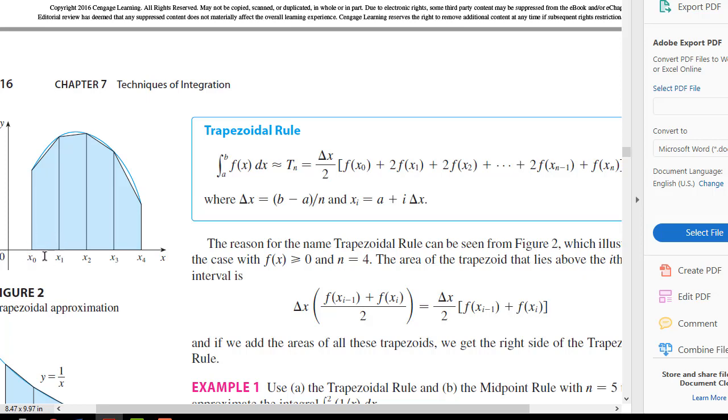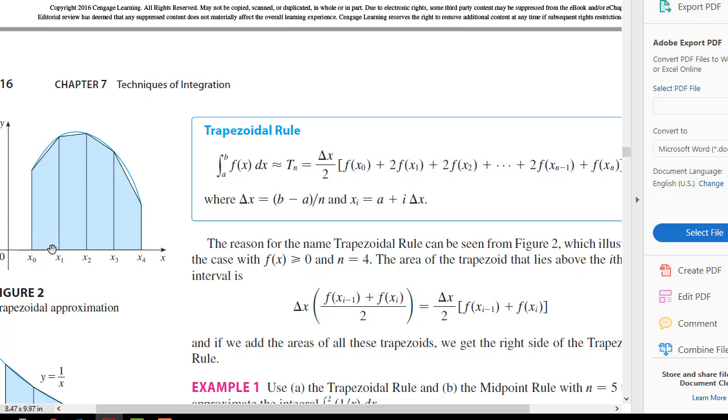And the reason he uses x sub 0 is he says, this is the left endpoint. I haven't used my delta x yet. So when I add 1 delta x, I get to x sub 1. And then I'm going to add another delta x. So I've added 2 delta x's to get here. I've added 3 delta x's to get here. So if I take x naught and I add 2 delta x's, I'm here, so on and so forth. Right? So that's his symbolism. This is pretty standard for any calculus textbook.